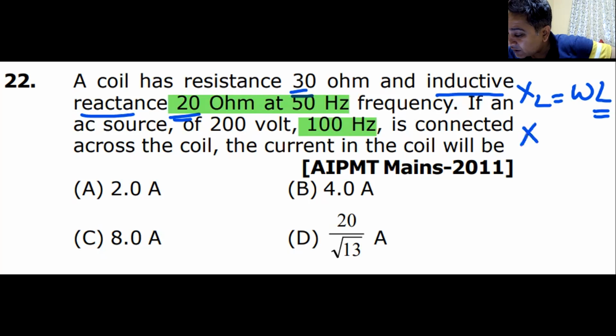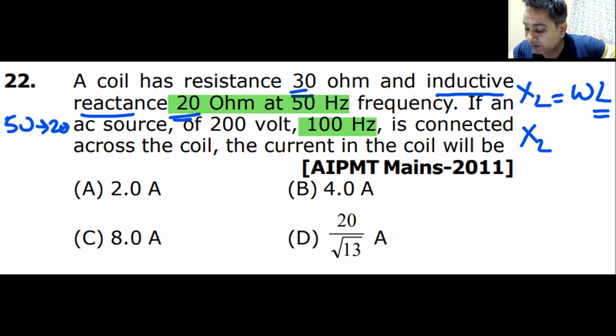At 50 hertz, the value of XL is 20. So at 100 hertz, the value of XL would be 40.